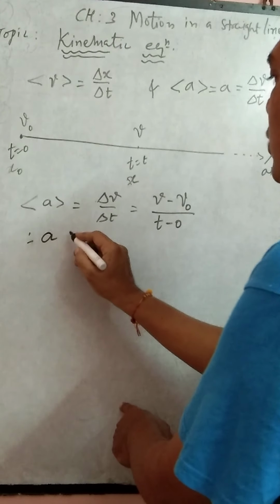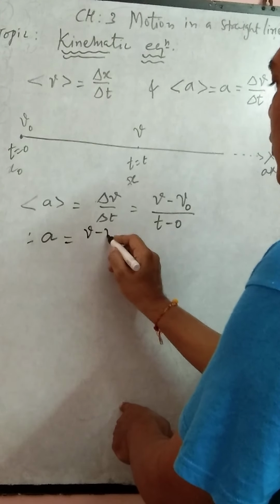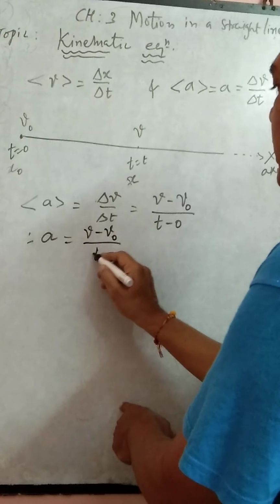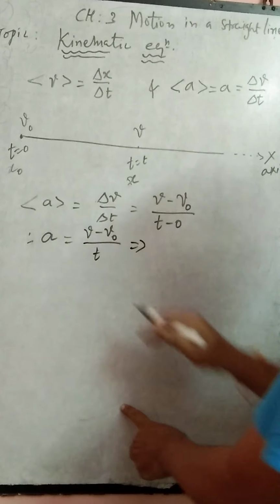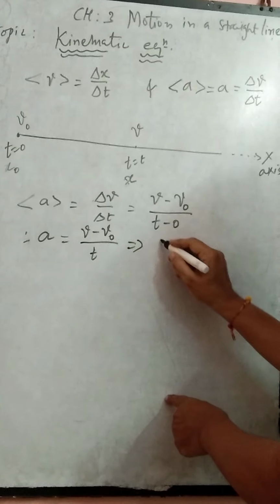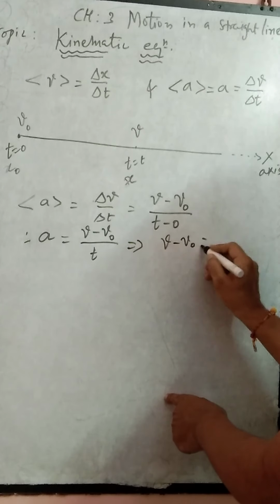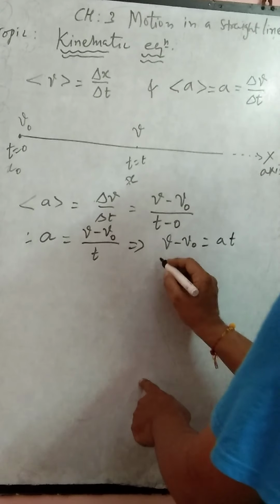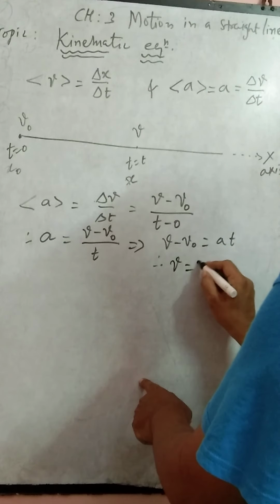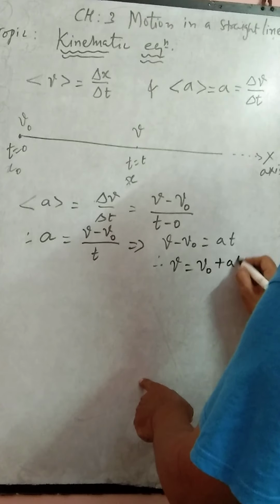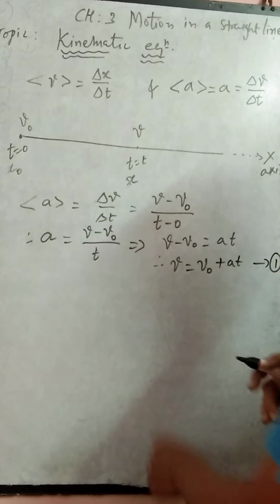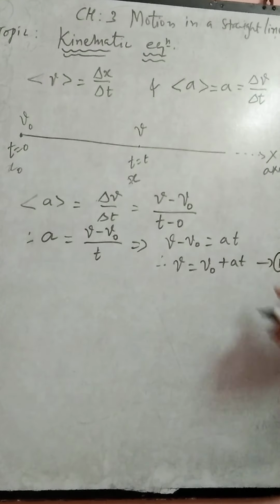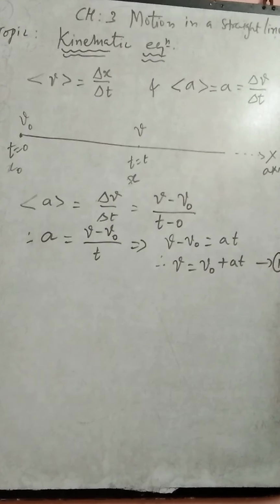So a equals v minus v0 upon t. Taking cross multiplication, v minus v naught is equal to at. So the very first equation we get for kinematic accelerated motion is v equal to v naught plus at.